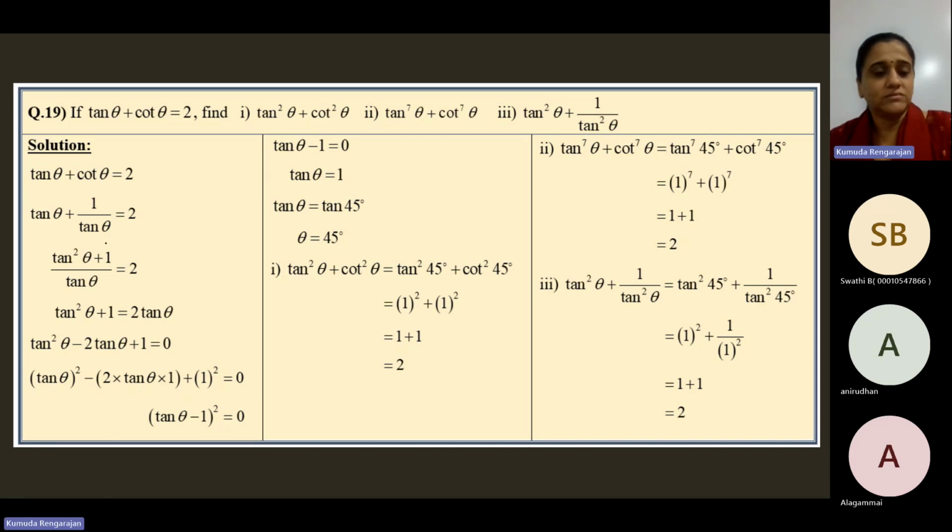Go through this one. You just have to write this one as 1 by tan theta. Then take the common denominator, cross multiply, bring everything to one side is equal to 0. Then all those three terms will be of the form a square minus 2ab plus b square.